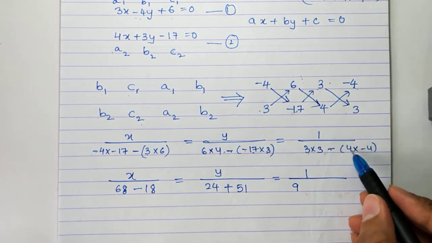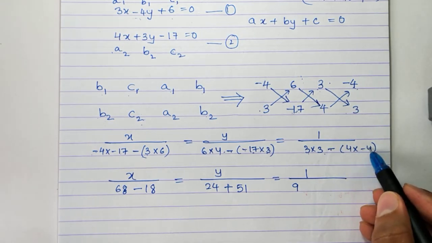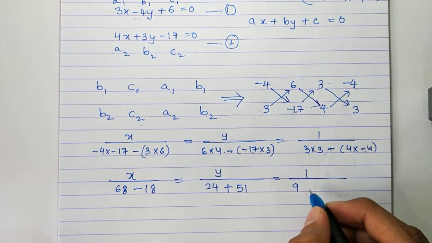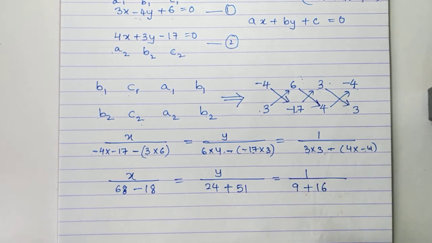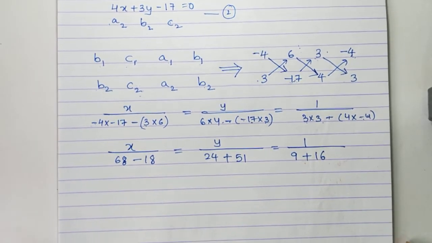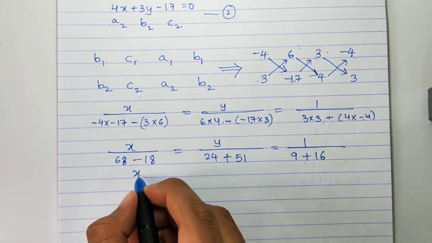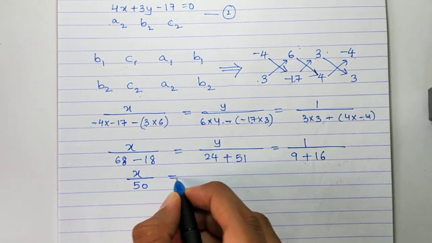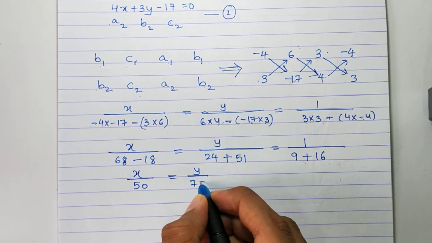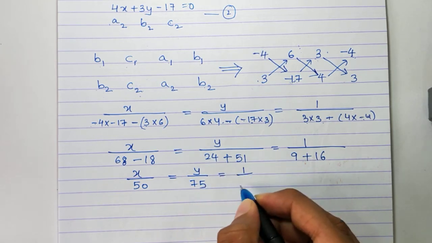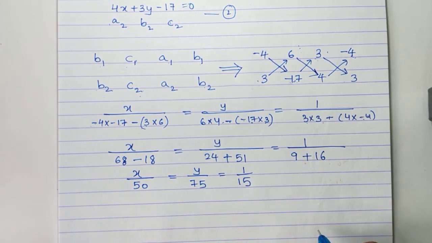Minus in 4 into minus 4 is minus 16. So minus minus will become plus 16. Now x upon 50 equals y upon 75 equals 1 upon 15.